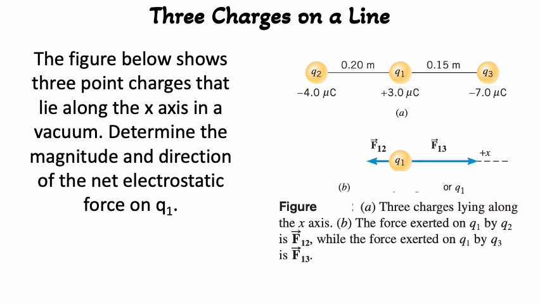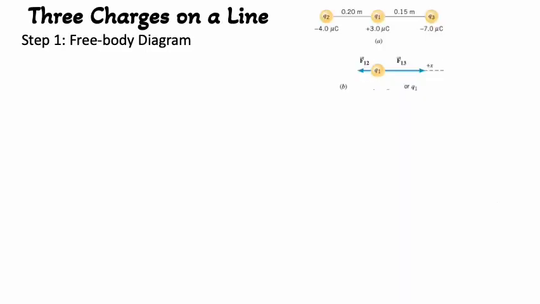So, the first step that we are going to do is to draw the free body diagram. And actually, we already have one. This is the free body diagram for Q1, or for the forces acting on Q1. First, you are going to analyze the signs of the different charges around Q1, and of course, the sign of Q1. Q1 is positive.